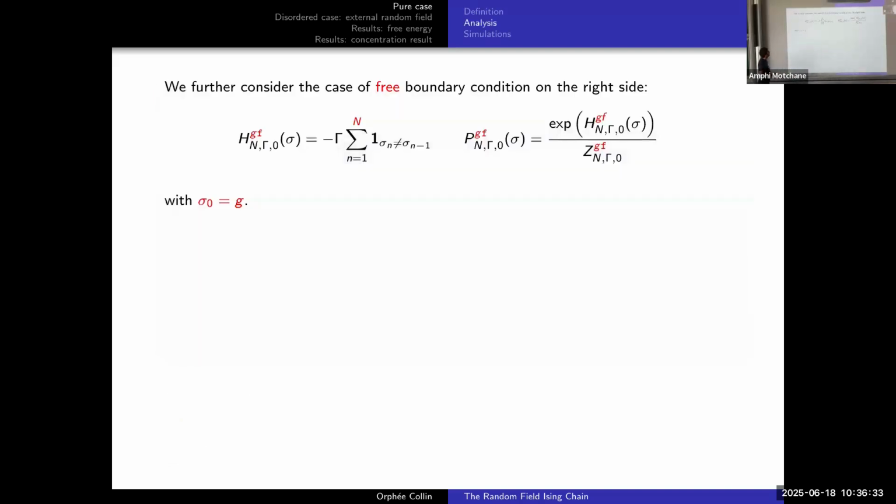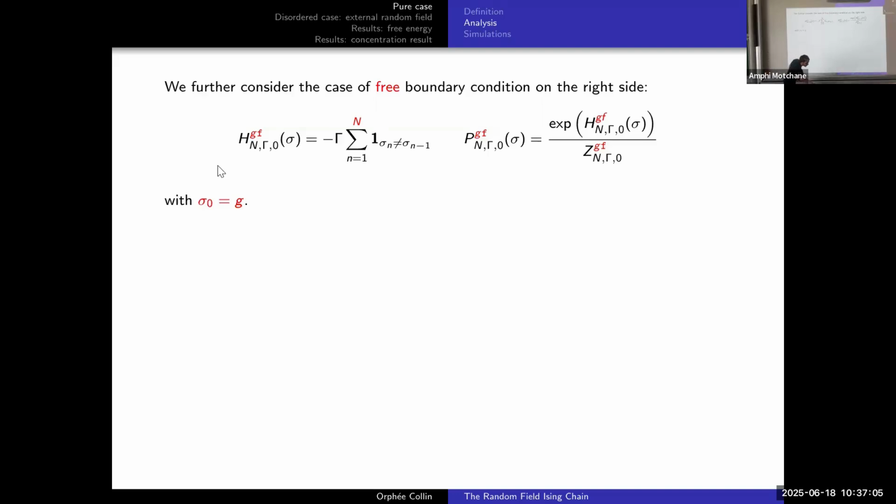To analyze the pure case, let me slightly change the boundary conditions. I will use free boundary conditions on the right side first. This means I'm simply removing the N plus 1, the last term in the sum. So we just forget about the boundary condition on the right. It's free. We still have the boundary condition on the left.